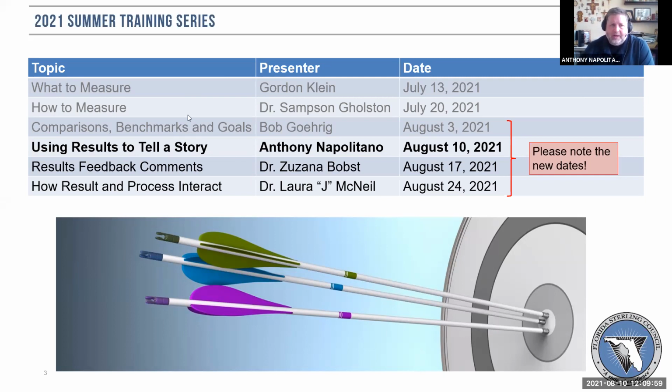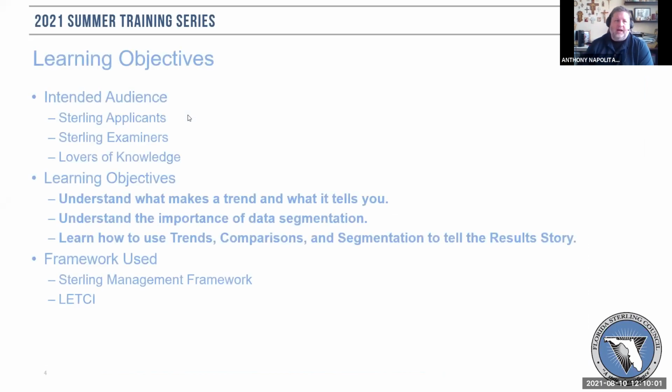presentation. So, your objectives for this week: I want you to understand what makes a trend and what it tells you. I also want you to understand the importance of data segmentation and what you can do with it. And lastly, you're going to learn how to use trends, comparisons, and segmentations to tell a result story. The framework being used, again, is the Baldrige Management Framework, and particularly we're using what's called LeTCI, which I'll tell you about in a minute.